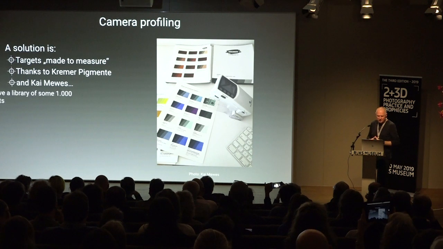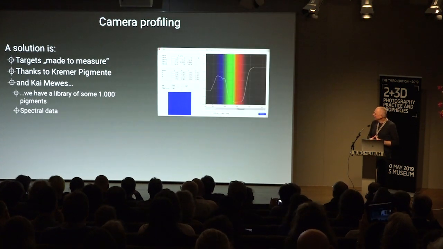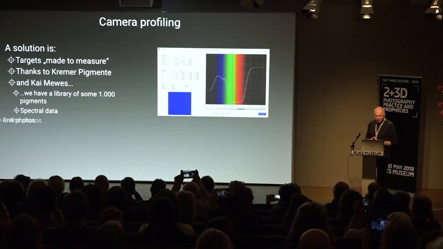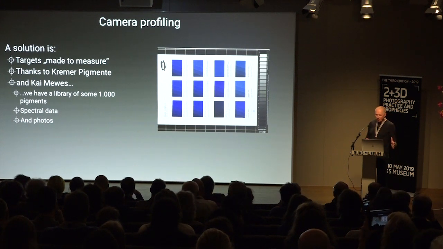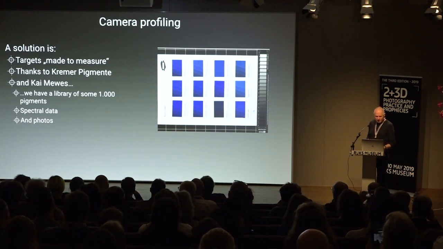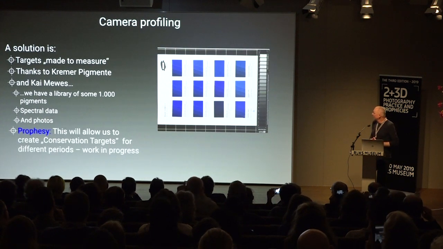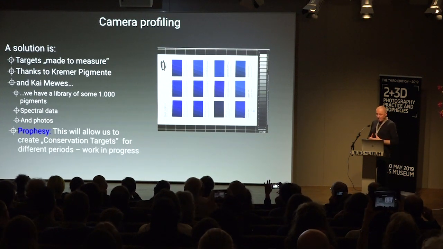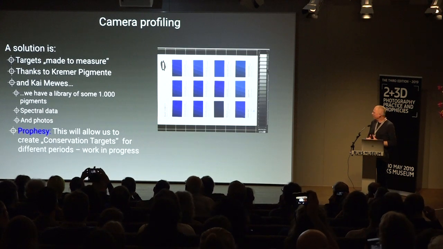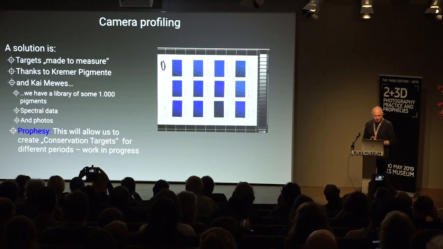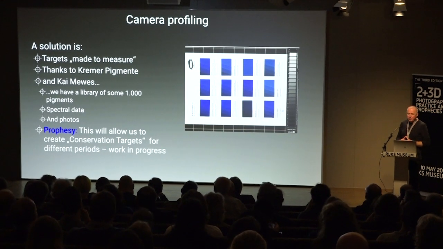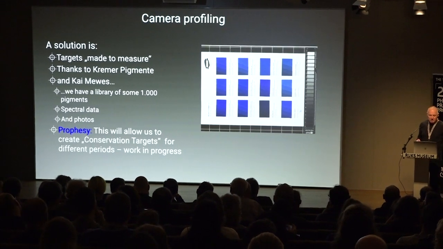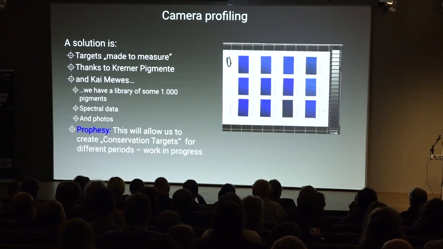We have a library of some 1,000 pigments. We have the spectral data, and we have photos of these pigments. This will allow us, and I didn't find the time so far to do the work, but again, the prophecy part here, this will allow us to make conservation targets.